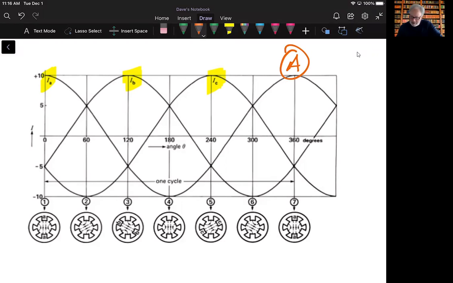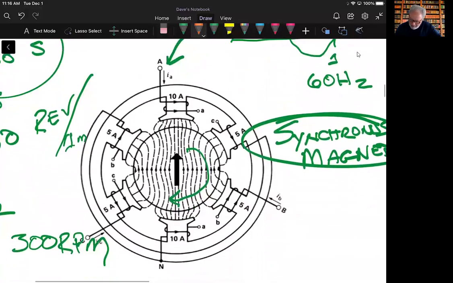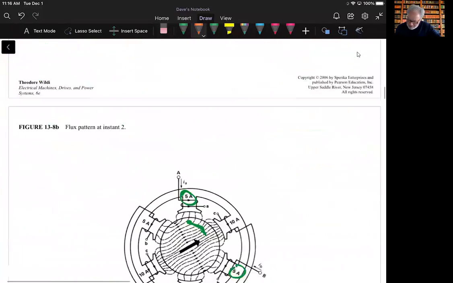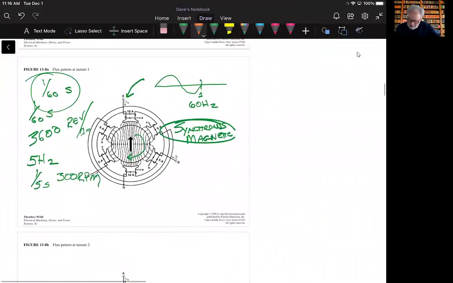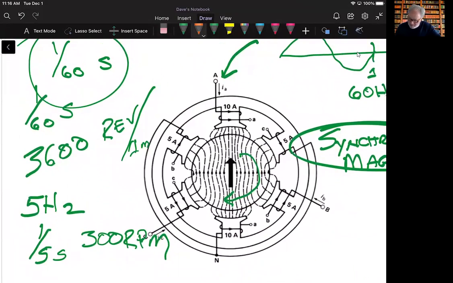If I looked at that, I would say the phase sequence is A, B, C across there. And what we see with that sequence is a particular flux pattern, which in this case shows a clockwise rotation.